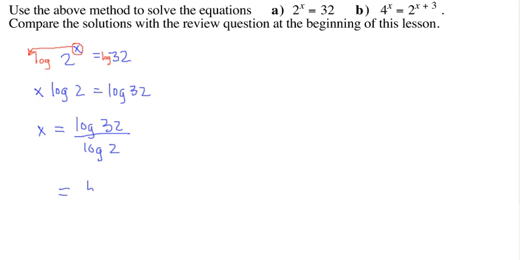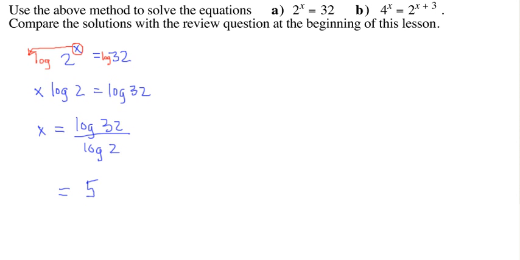So obviously a waste of time with nice numbers like 2 and 32, but this is indispensable when these numbers get bad, and they're going to get bad. We're going to do real-life questions with radioactive decay and compound interest and stuff where these numbers are all over the place, and they're not nice powers of each other. So if you've got an exponent up here and you need to get it down, your first step is log everything, because once you have logs, you have the power rule.